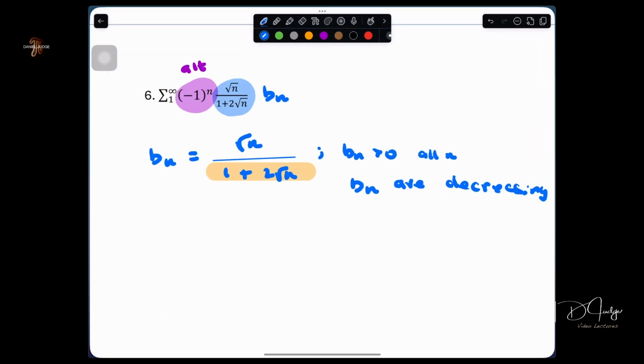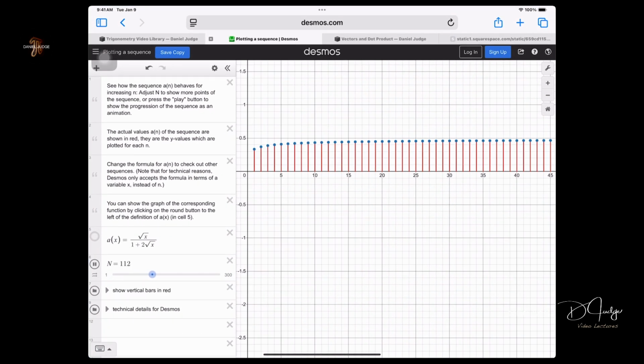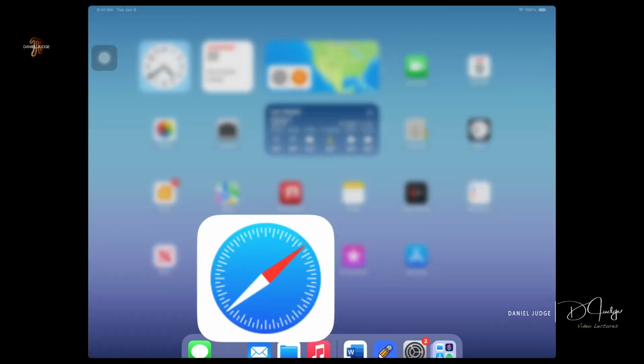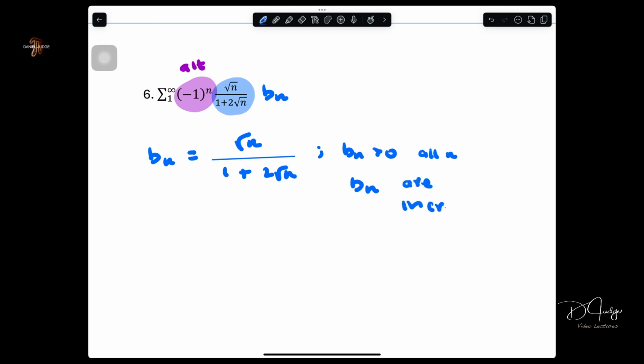It does not look like that is actually happening. Okay, we got a problem here. These Bn terms are in fact increasing. So this does not satisfy the assumptions that we need. We actually can't apply the alternating series test in this case.